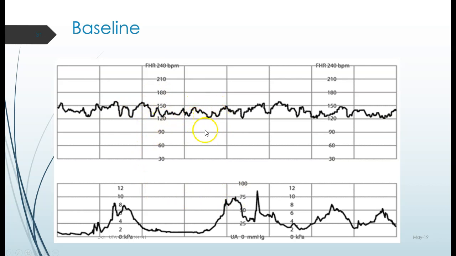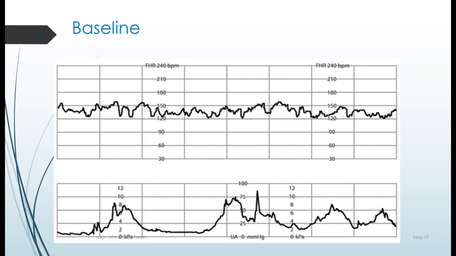Now, because this is a training picture, it doesn't really have all the increments that we would have on real fetal monitor paper. On real fetal monitor paper, you would have 90, 100, 110, 120, 130, probably 140, and then 150. And if you were to draw a straight line through here where it's hanging out most of the time, and I can say this only because I've done this for so long, I could guesstimate that that's probably going to be about 130.